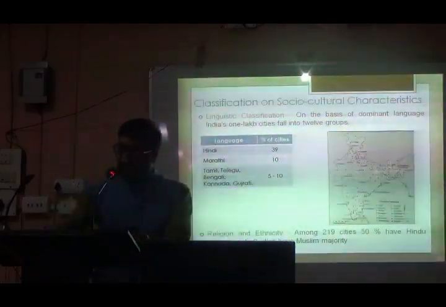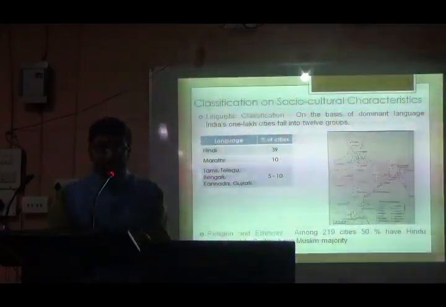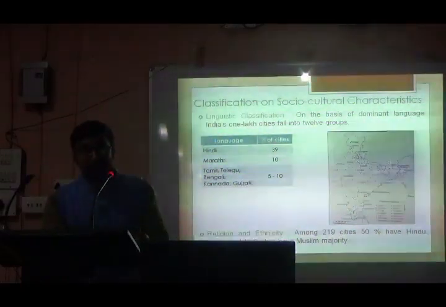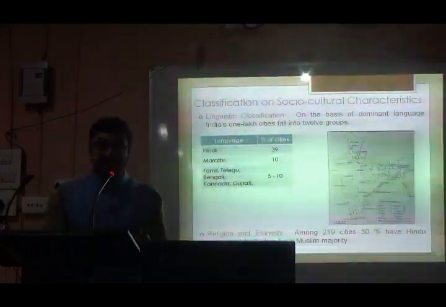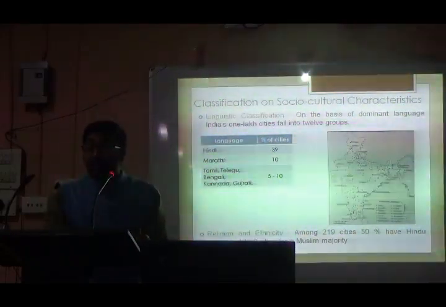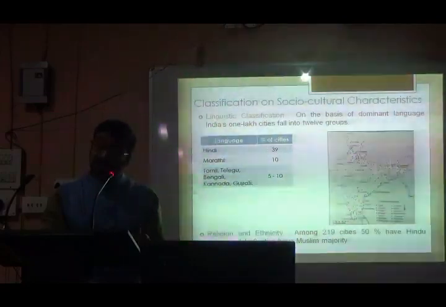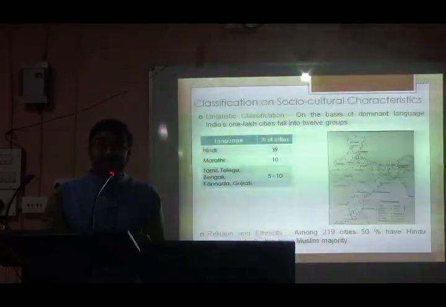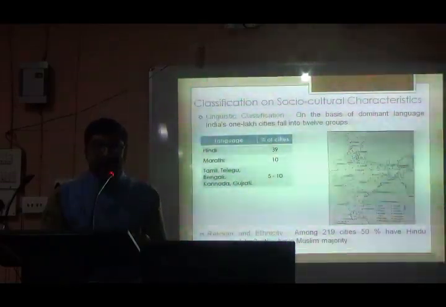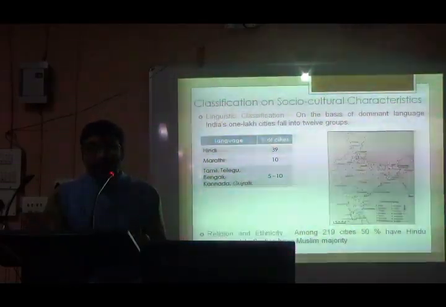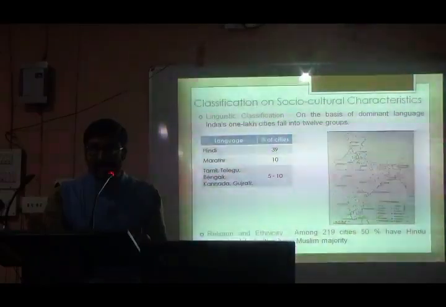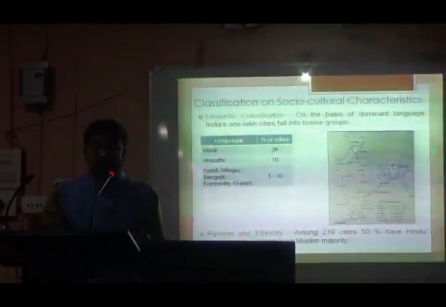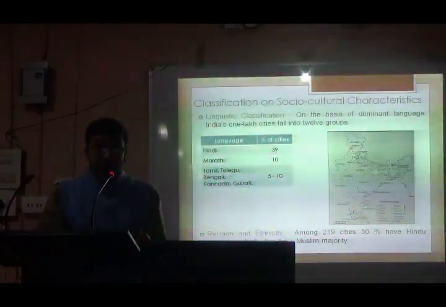Another scheme of classification: a researcher in urban geography may classify urban settlements based on their socio-cultural as well as their ethnic characteristics. In India, linguistic classification of urban centers is a popular scheme of classification.